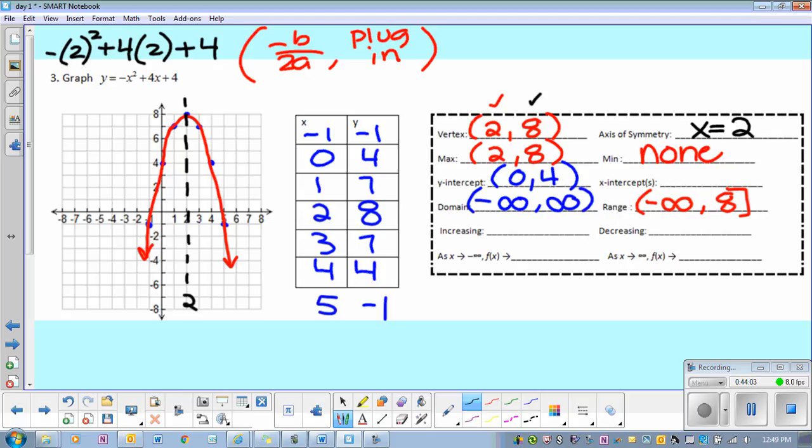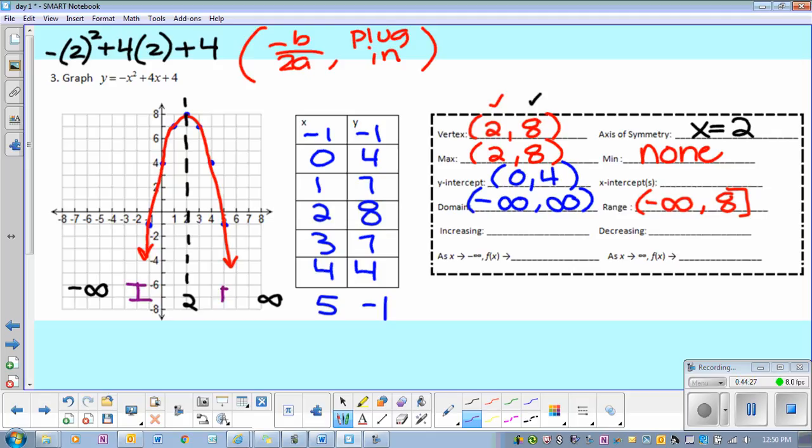You have an arrow on the left. Where's that going? Negative infinity. And you have an arrow on the right. Where's that going? Positive. So remember, we're looking at the graph from the left to the right. So from the left to the right, what is this doing from negative infinity to 2? It's increasing. What is it doing from 2 to infinity?